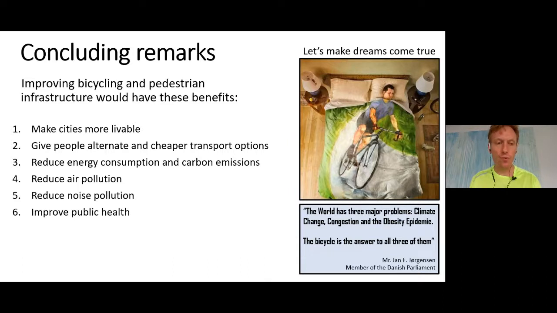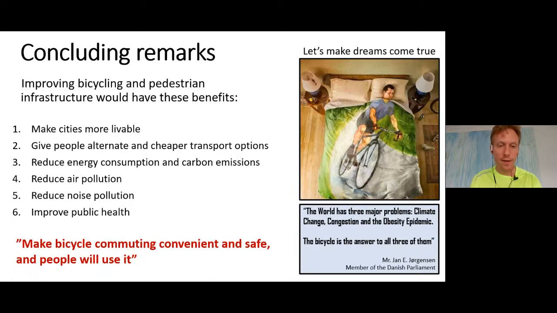Lastly, you improve public health, which is very important. There's an obesity epidemic going on in Malaysia and in much of Southeast Asia. So if you make bicycle commuting convenient and safe, then people will use it. That's my firm belief. Thank you very much.